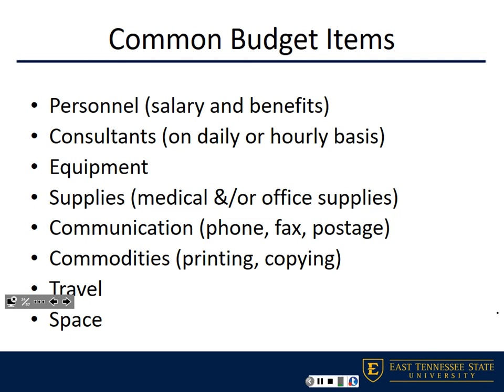Your non-personnel budget is going to include everything else: equipment, supplies, communication costs, travel, space, etc. Okay, so those are some of the common budget items that you typically find in any budget.